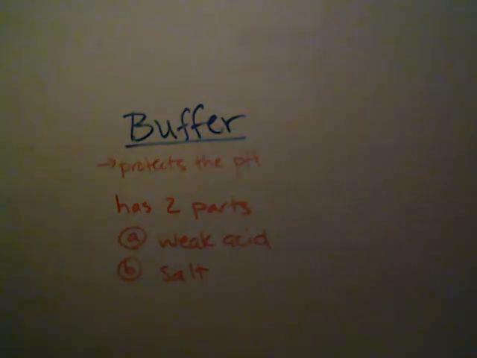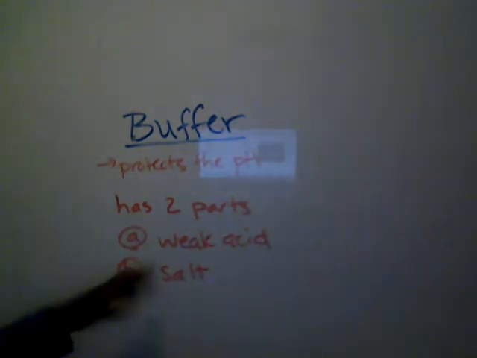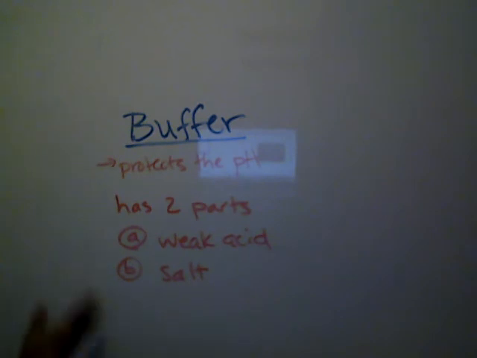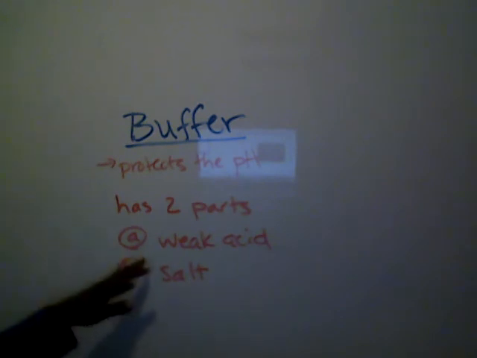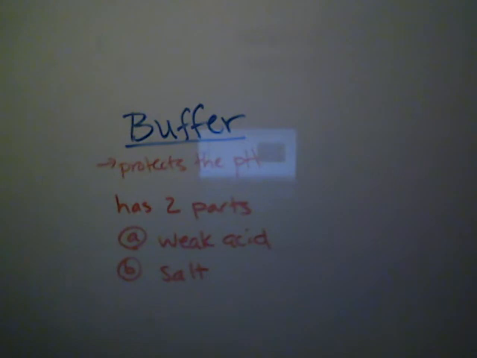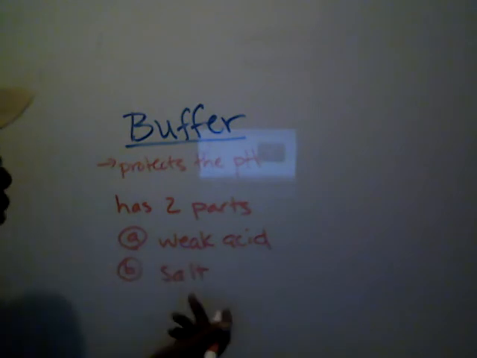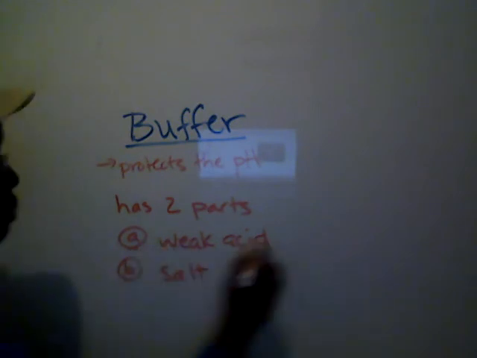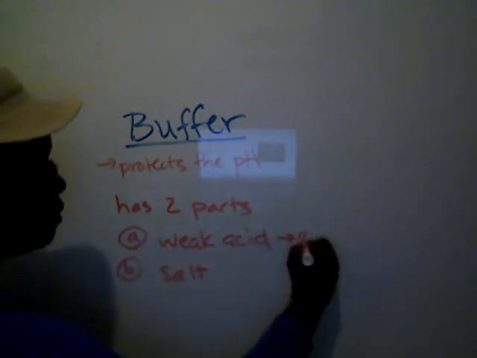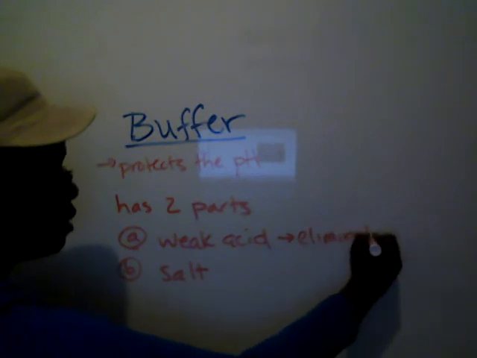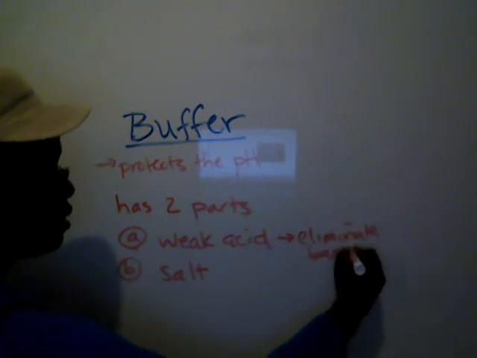The reason they have to is that if something basic all of a sudden comes in, the buffer is able to neutralize or get rid of things that may change the pH. So if we drink bleach or something that's really basic, the weak acid part of the buffer will eliminate bases.